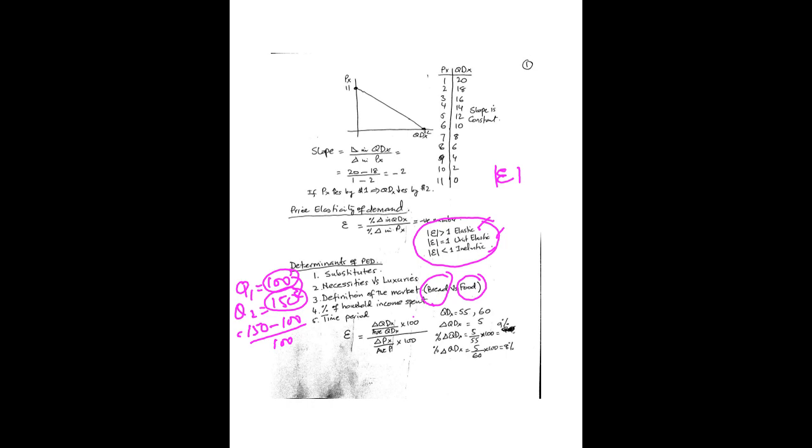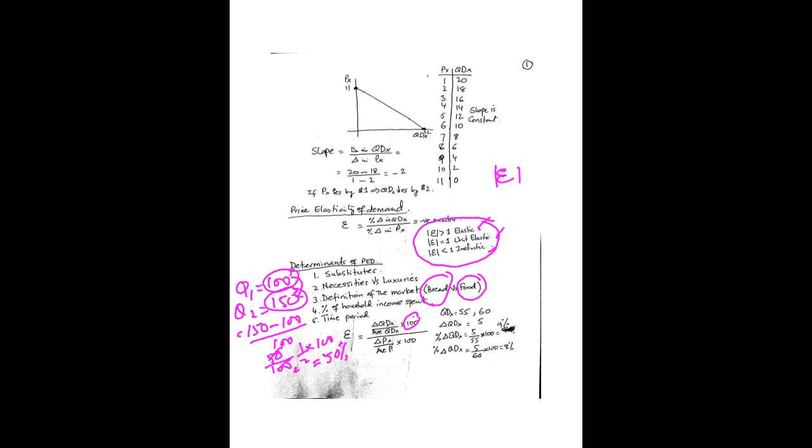So 150 minus 100 divided by 100 is 50 divided by 100, which is 1 over 2, times 100. So this is 50%. So there is a 50% increase in quantity demanded if you move from Q1 to Q2.